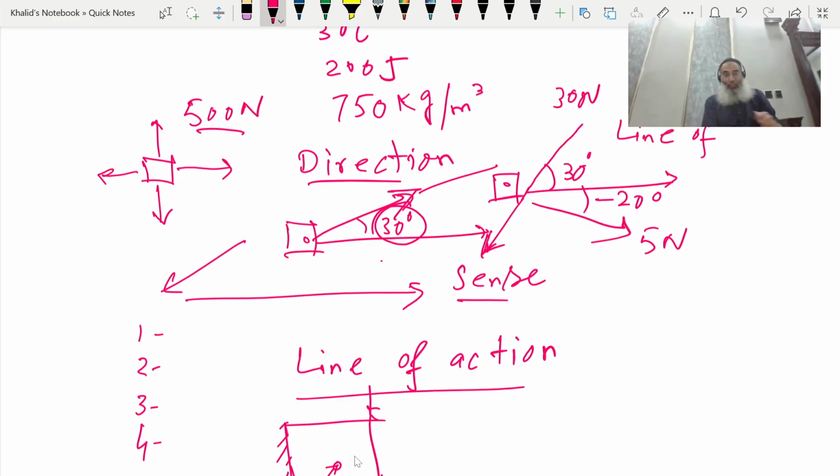The line of action, for example, here I have a body and I am exerting force on this edge, and another person is exerting the same force in the same direction, in the same sense, but it's applying it on this face of the object.